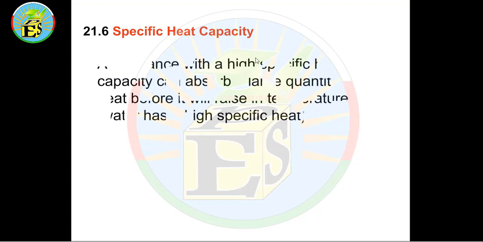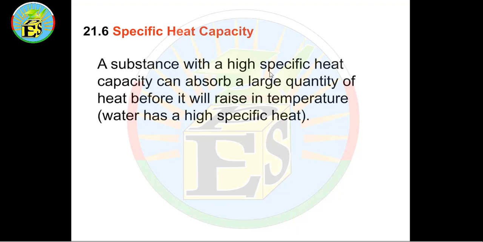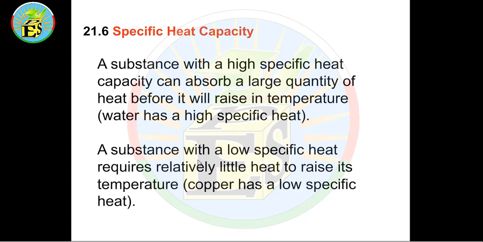Specific heat capacity. A substance with high specific heat capacity can absorb a large quantity of heat before its temperature rises. What has a high specific heat capacity? A substance with a low specific heat requires relatively little heat to raise its temperature. Copper has a low specific heat capacity.